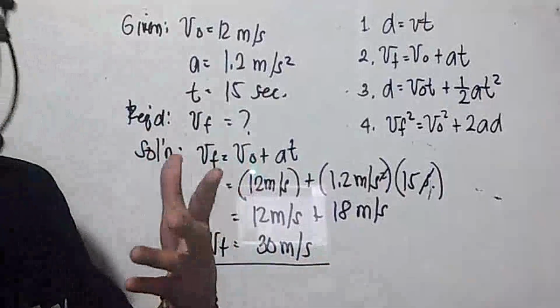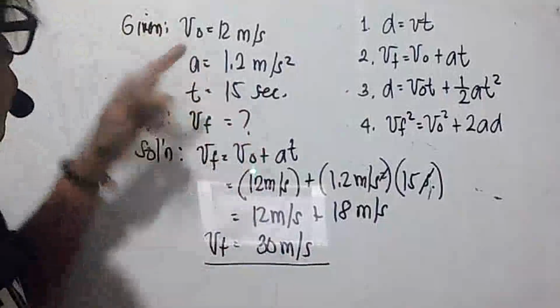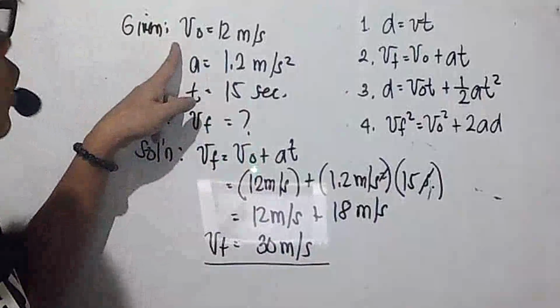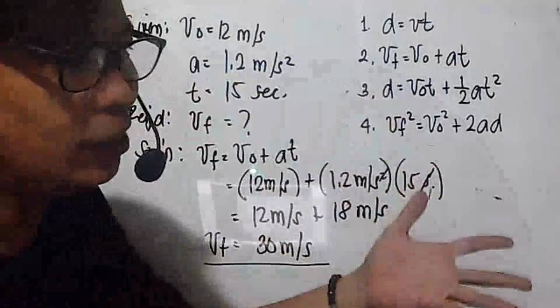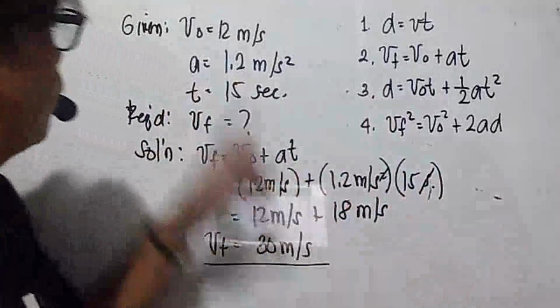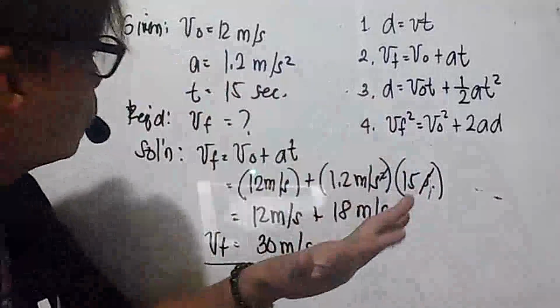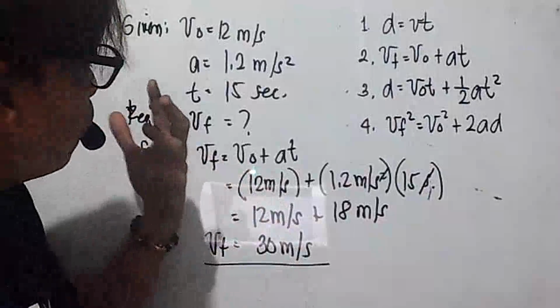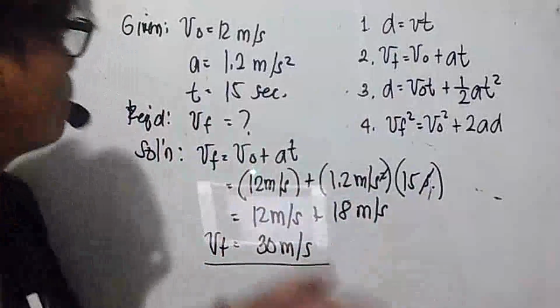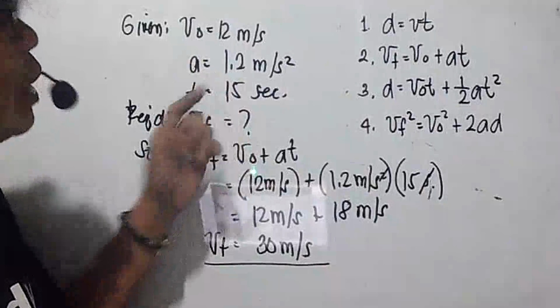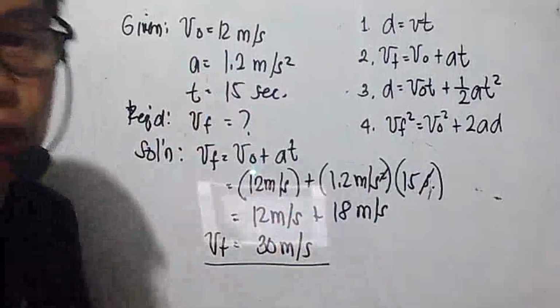Let's say this is a truck. Okay, its initial velocity is 12 meters per second. So it is increasing. Its average acceleration is 1.2 meters per second squared. So every second, bibili siya ng 1.2 meters per second. Now you could check that ulit. After 15 seconds, what is the truck's final velocity?